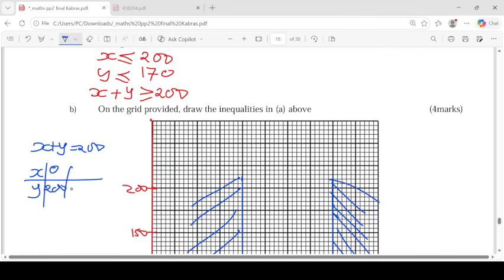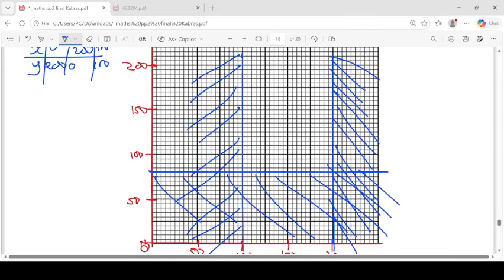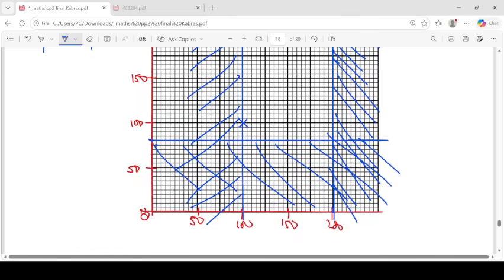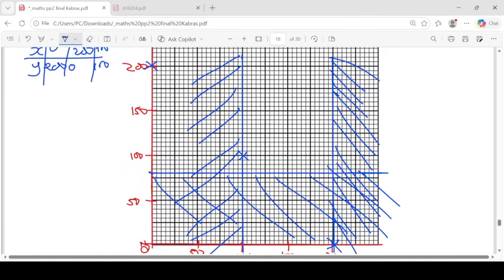And if this is 100, then 100. Let me plot. So I'll have 100, 100 here. Then 200, 0 is here. So let me draw that path. I hope you can relate and see.